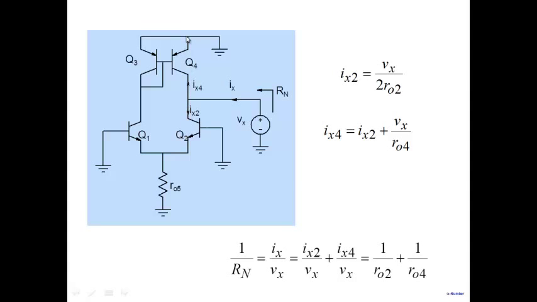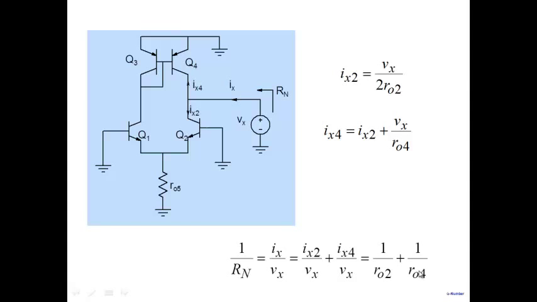And when you look up, they also take it as ground, and you see R04. And therefore, Rn is simply R02 parallel R04. So most of the places in books, you will find a derivation like that. Very simple, R02 parallel R04, but that's not correct. As I've shown you how the current flows, these nodes are not ground, and how eventually you arrive at the result R02 parallel R04.